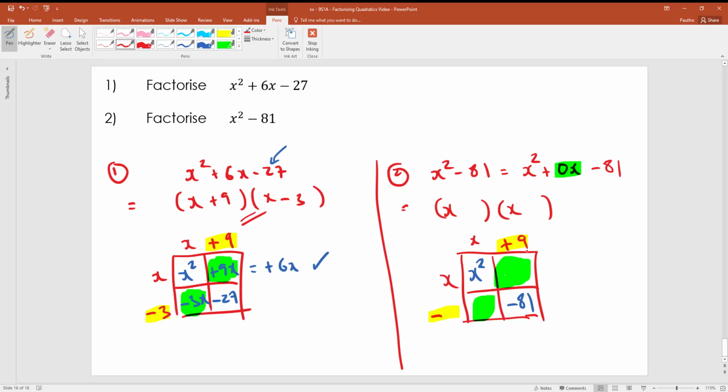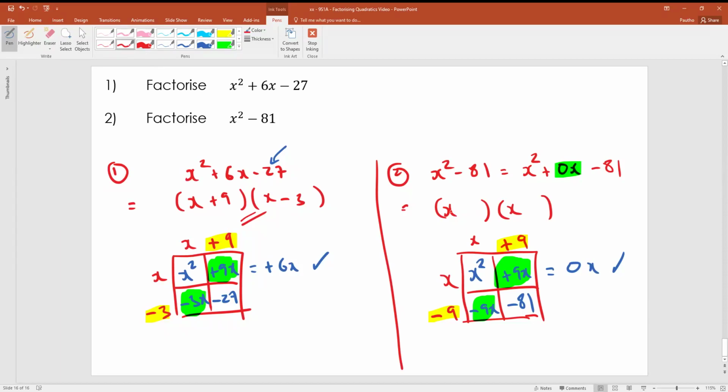And check this, this will work. X plus 9, x take 9, because this gives you minus 9x, and this gives you positive 9x. And negative 9 plus 9 is 0. That's the worst 0 ever, sorry. So this works. Tick.